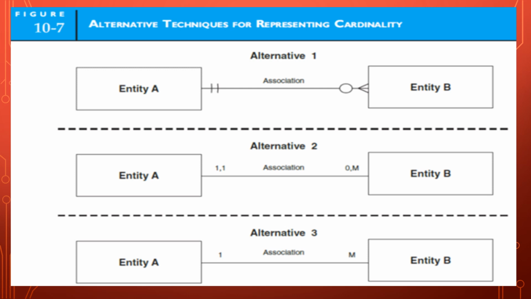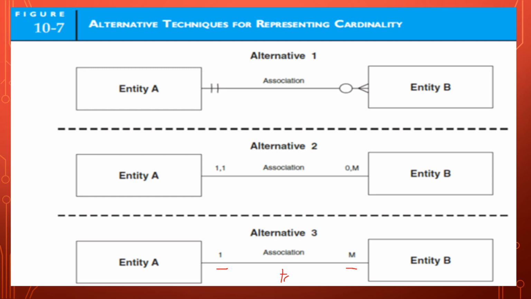This figure shows the alternative techniques for presenting the cardinalities. We have three main techniques. One, at the bottom, uses simple letters or numbers. So this one represents many, and this one represents one, so it is many to one.